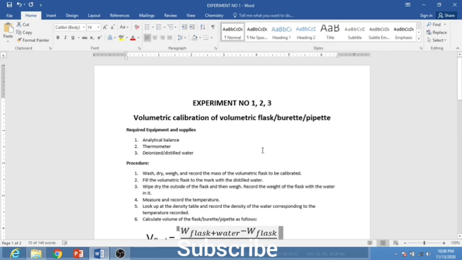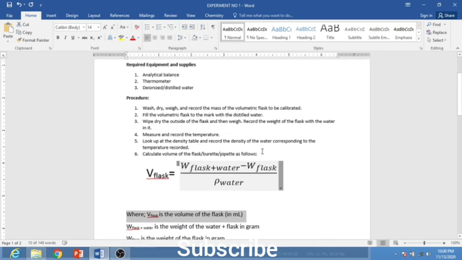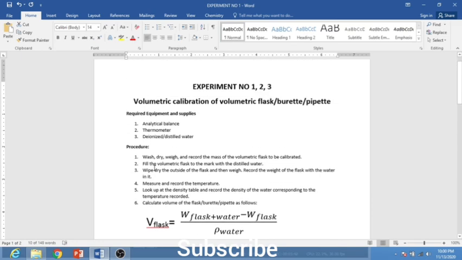You have to repeat each reading 3 to 5 times, then take the mean, and then calculate the volume of the flask. Okay, so then if we prepare any standard solution, we will know that our standard solution might have this error, which is calculated during calibration of the flask.